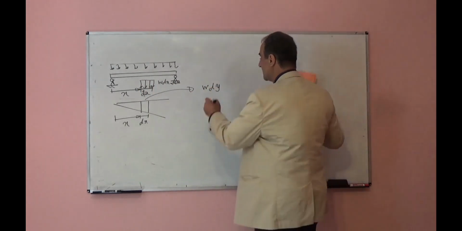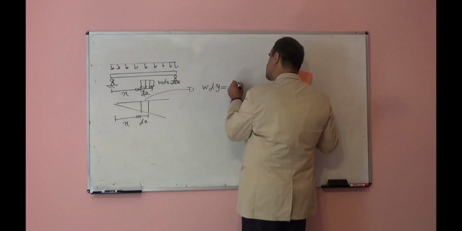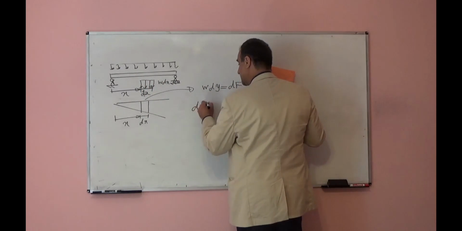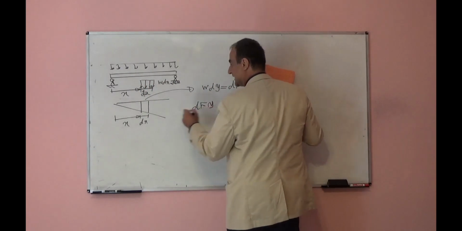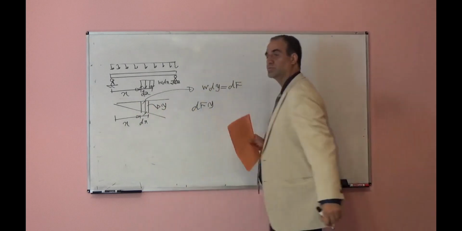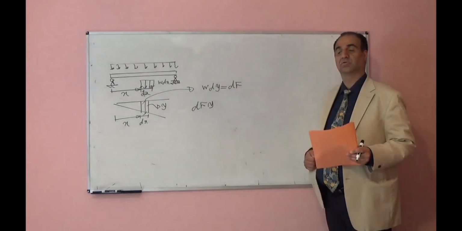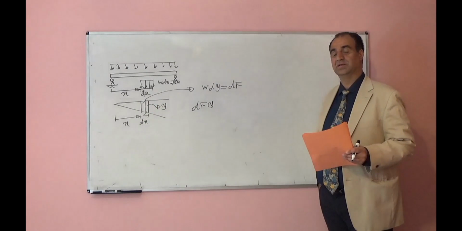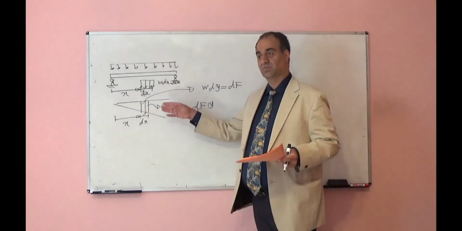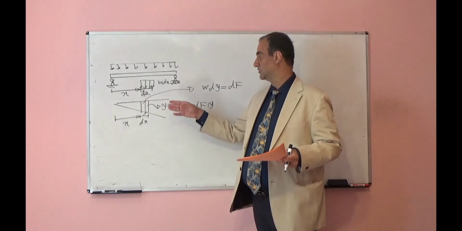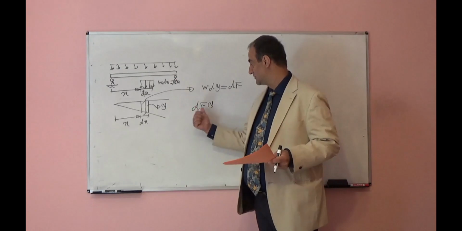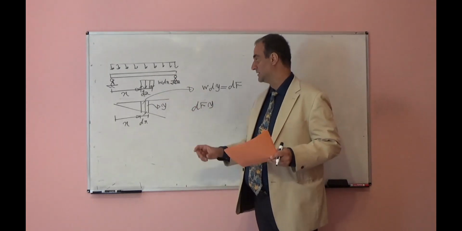This will be like one concentrated force dF. So I should multiply dF times the height underneath, y, in order to find the reaction or shear force or bending moment, depending on whether this is the influence line for shear force, bending moment or reaction. So I will multiply the concentrated load by the height underneath.